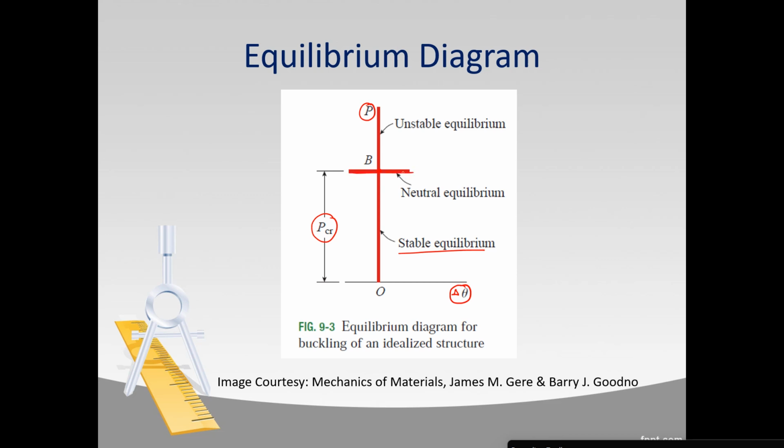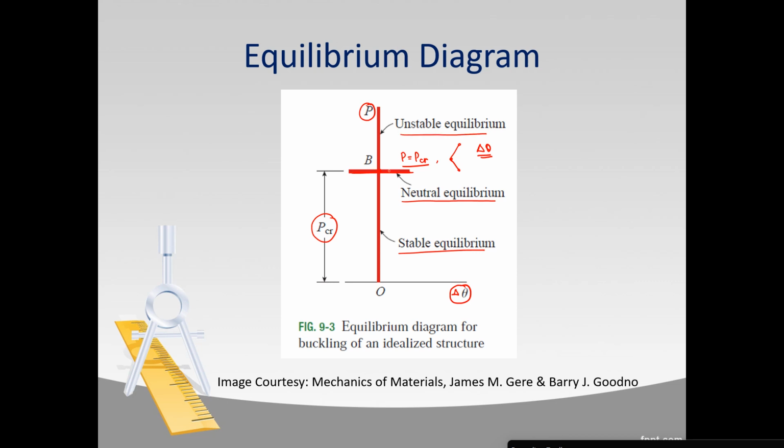This horizontal line represents the position of neutral equilibrium, because at this point P is equal to PCR, and our structure is also in a state of equilibrium. If the value of load is increased even slightly above PCR, or if the displacement, that is delta theta, is increased, then our structure goes into the state of unstable equilibrium.